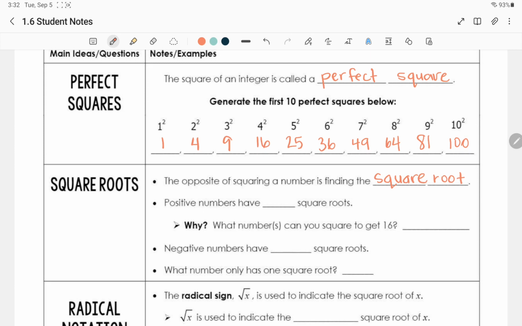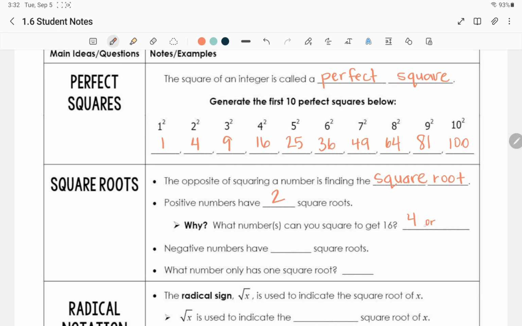So positive numbers have 2 square roots. Why? What numbers can you square to get 16? Hopefully you think of 4, right? Because 4 times 4 is 16. Or what other integer could you square to get 16?